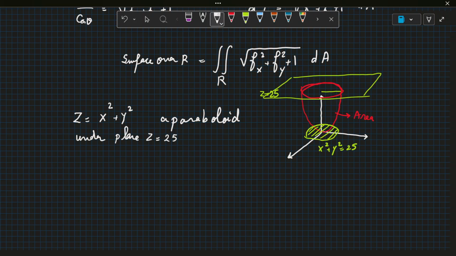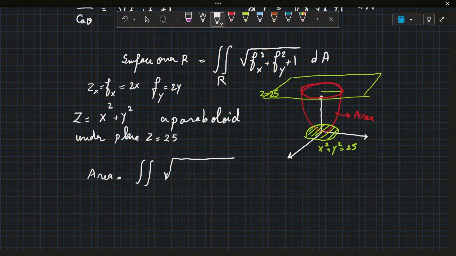So the surface area we want to calculate is the double integral of the square root of f_x squared plus f_y squared plus 1. Here f_x is 2x, and f_y is of course going to be 2y.